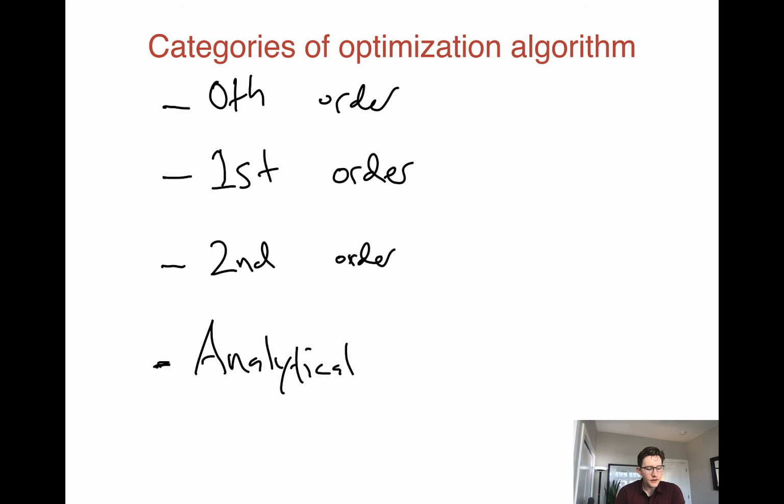This appears in machine learning most often when we're looking at the hyperparameters of our model. For example, if we wanted to figure out how many layers of a neural network, or how deep of a decision tree to make, those tend to be things for which we can't compute even the first derivative.